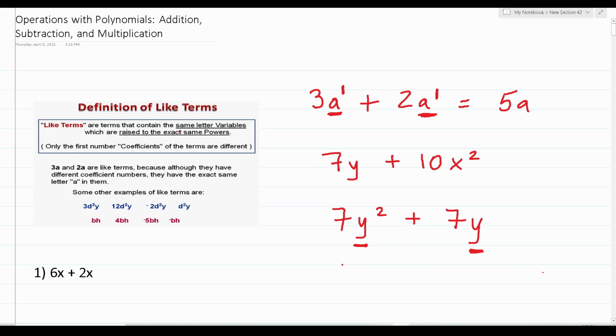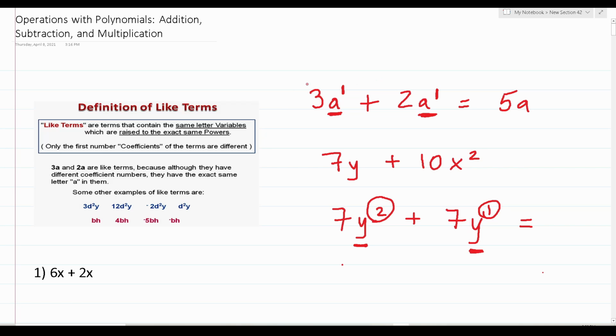But that said, the second part of the definition says they have to be raised to the same exact powers. In 7y squared, our power is 2, whereas in 7y, our power is 1. In light of the fact that they have different powers, these are not like terms, and therefore we wouldn't be able to add them together.